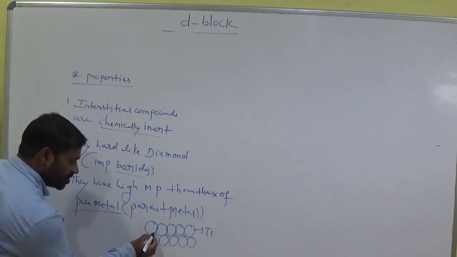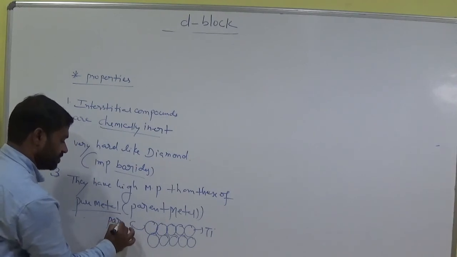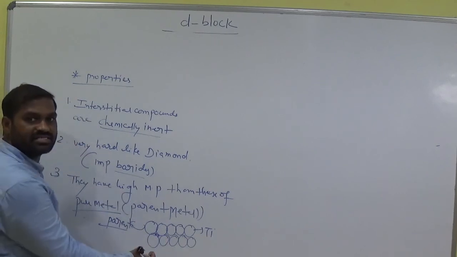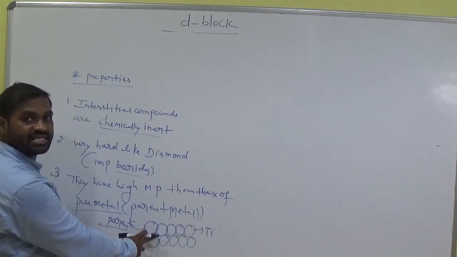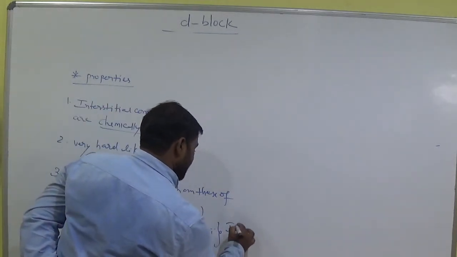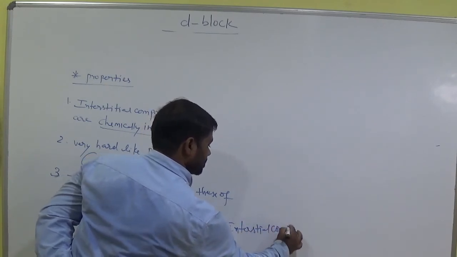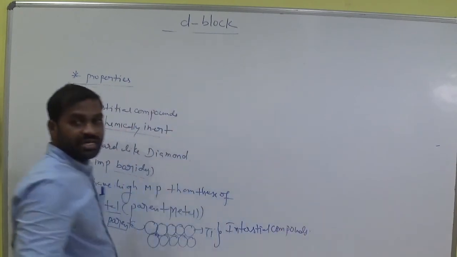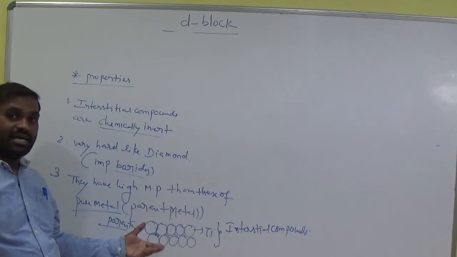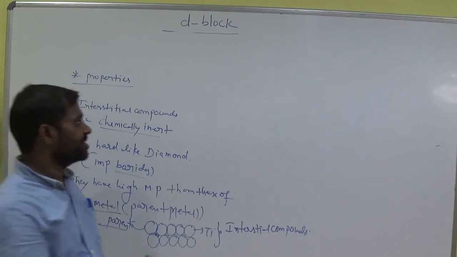If you keep hydrogen, this is the parent, only titanium, pure metal, it is called the parent. When we keep hydrogen in this side, what happened? It is now an interstitial compound. That means after adding hydrogen or carbon or nitrogen, it has a higher melting point than the original titanium. That is the meaning. Okay.